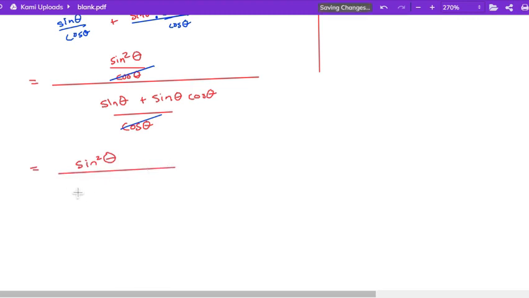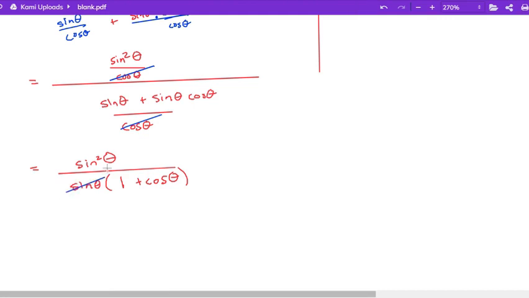Now, I'm not sure. Oh, I know what I can do. What should I do in the denominator? I've got sine plus sine theta cos theta. Someone said it: common factor. What is the common factor? Sine. And this is helpful. We got 1 plus cos theta. Why is it helpful? What can I cancel out now? The sine, right? Because everything is factored.